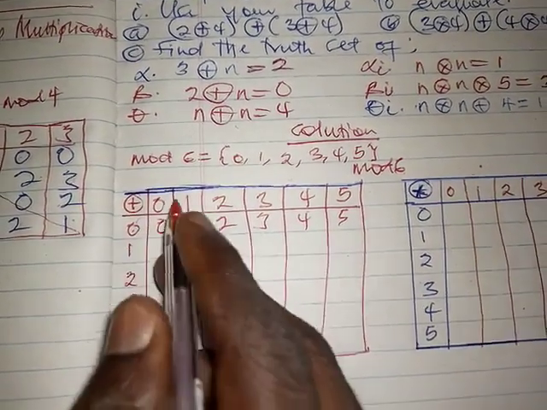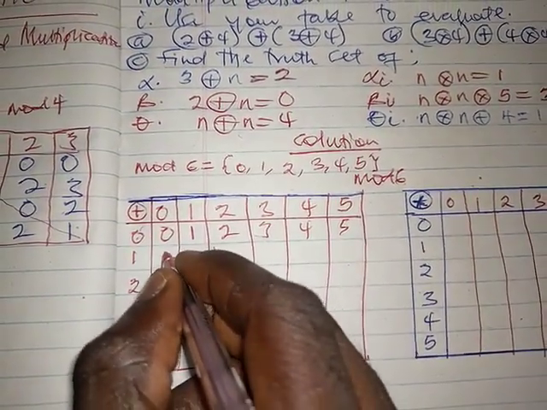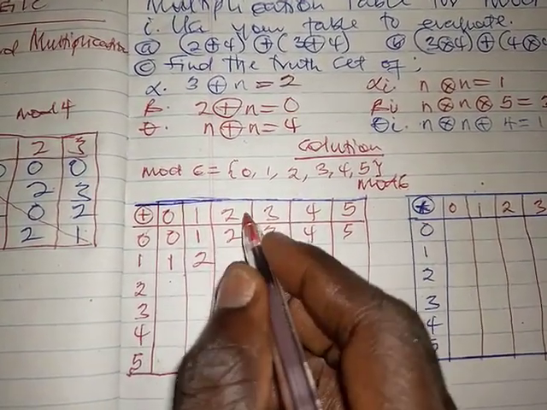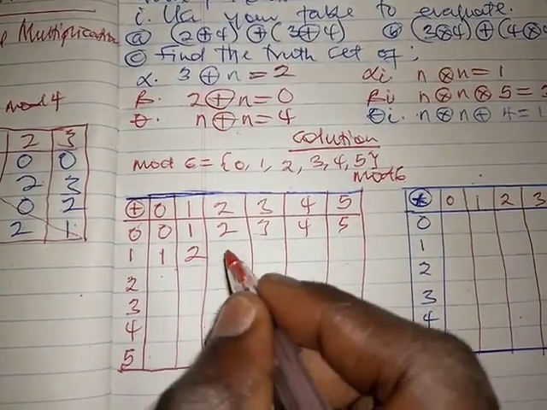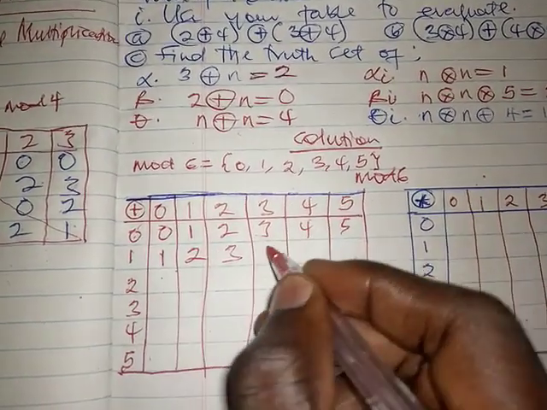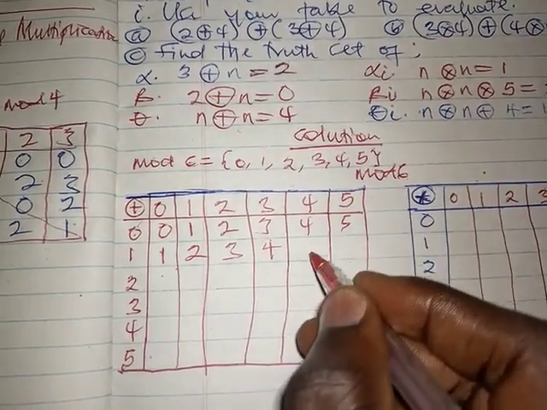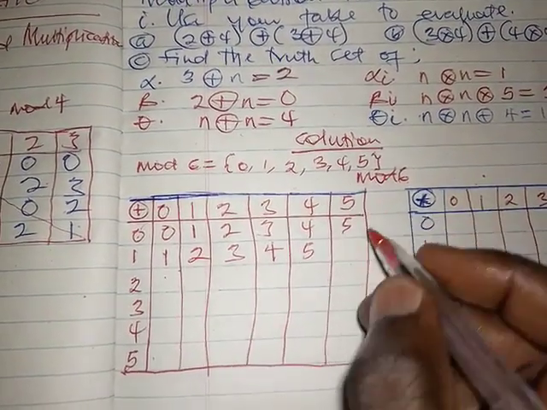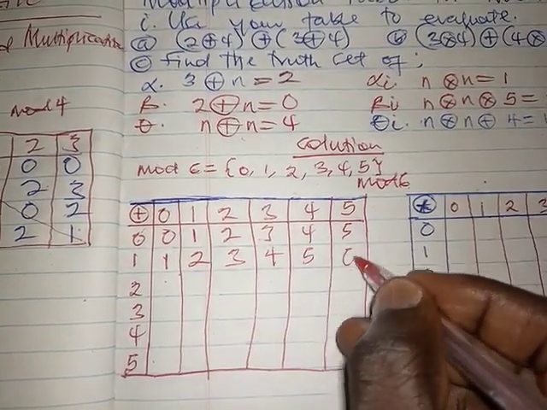Now let's go. 1 plus 0 is 1, 1 mod 6 is 1. 1 plus 1 is 2, 2 mod 6 is 2, 1 plus 2 is 3, 3 mod 6 is 3, 1 plus 3 is 4, 4 mod 6 is 4, 1 plus 4 is 5, 5 mod 6 is 5, and 1 plus 5 is 6, 6 mod 6 is 0.